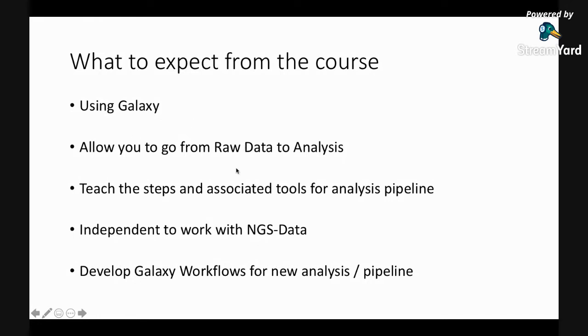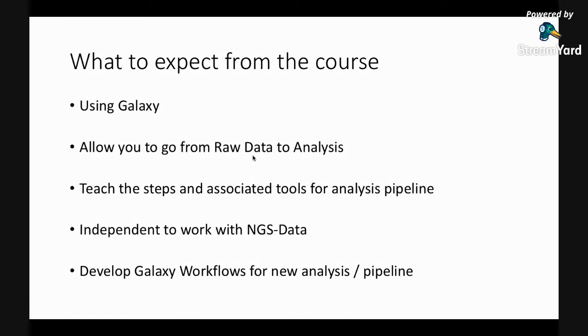And the aim of the course is that after this course, you can go from raw data to results, not via analysis, of course, so that you're not really dependent on anybody else to do any steps for you. Once you get the raw data from your sequencing platform, or from wherever you have submitted your samples for sequencing, you should be able to do all the steps.